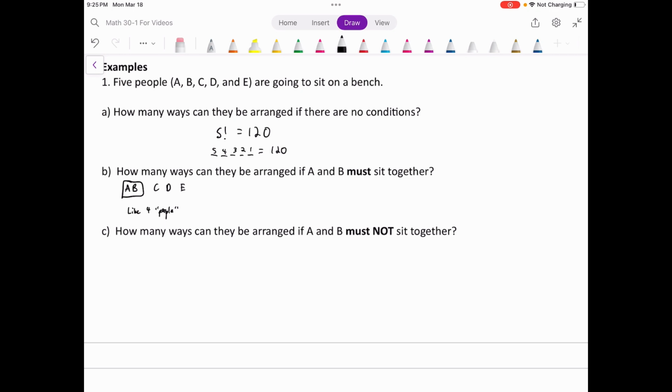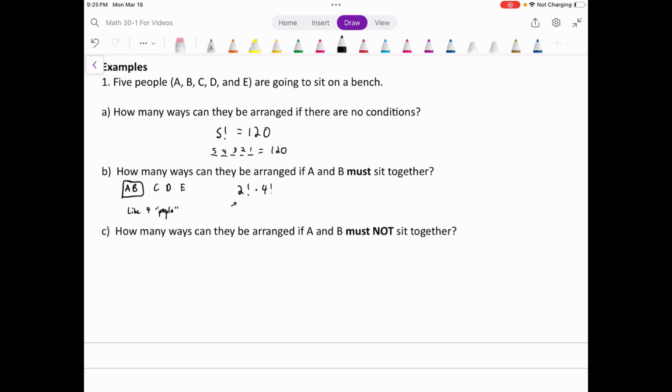So there are 4 factorial ways to arrange 4 things, 1, 2, 3, 4. But there's really 2 factorial times as many, because for every one of those 4 factorial ways, we could do AB or BA, right? So there's actually twice as many arrangements as 4 factorial. Okay, so we could say 2 factorial times 4 factorial, right?